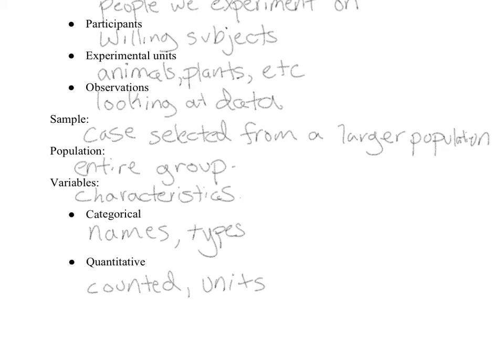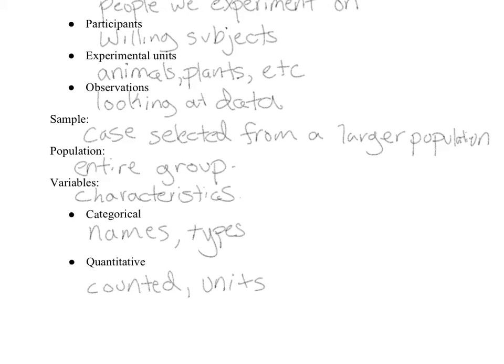If you were just going to group them into different age types, then they become types. That is a categorical variable. However, if you were to take their numbers and compare the ages to each other, then it becomes a quantitative variable.